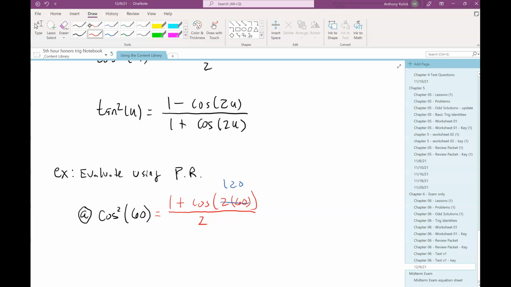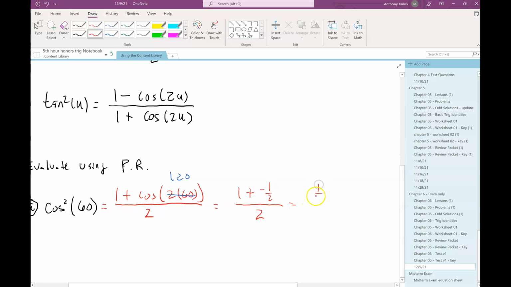If I go to my unit circle, cosine of 120 is 1/2. I'm sorry, negative 1/2. One plus negative 1/2 is just 1/2. And 1/2 divided by 2 is 1/4. We okay with that?